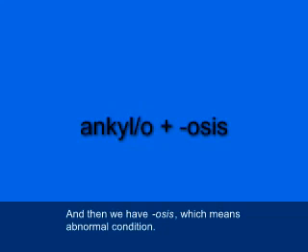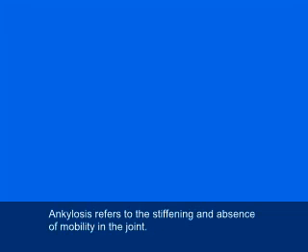And then we have osis, O-S-I-S, which means abnormal condition, right? So ankylosis refers to the stiffening and absence of mobility in a joint. The joint basically has seized up and it won't move.